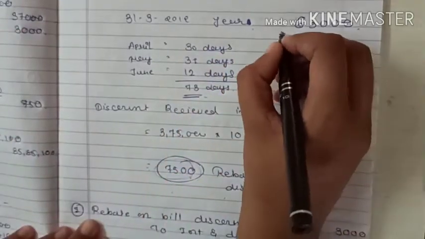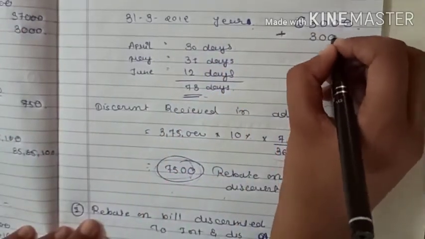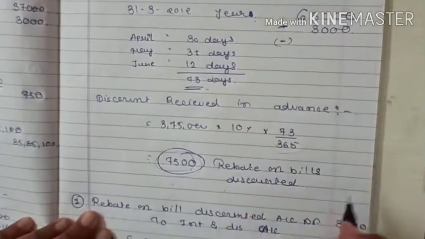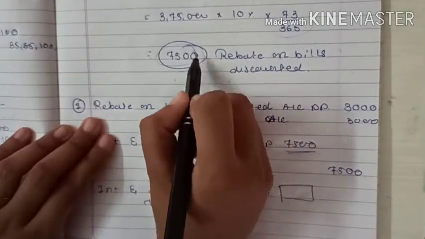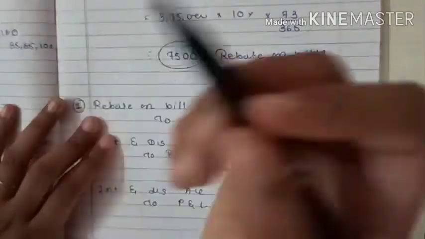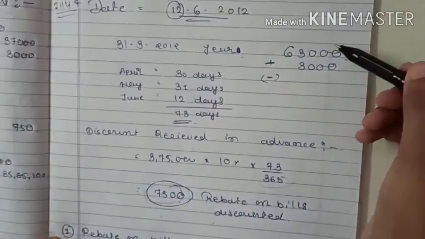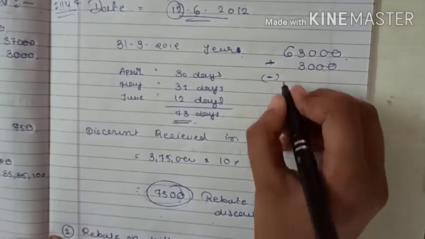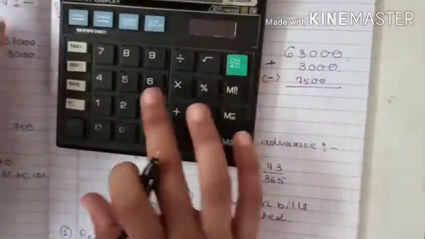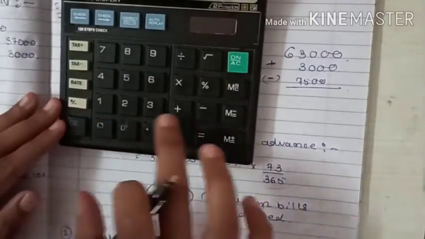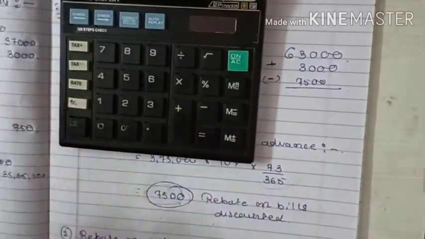So we have to add the opening balance and deduct this amount which is not related to our year, that will be transferred in the next year. So opening balance we add and closing balance we minus. So we get 63,000 plus 3,000 minus 7,500. It will come 58,500.